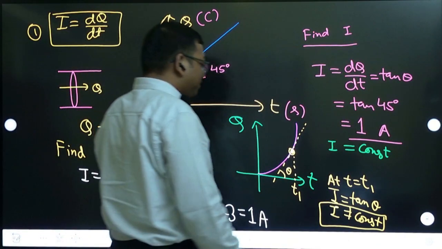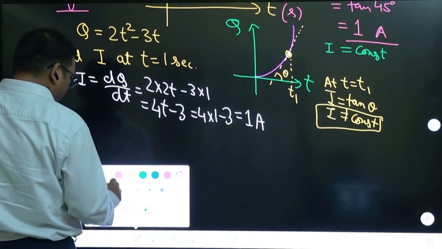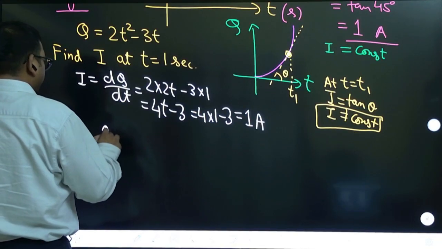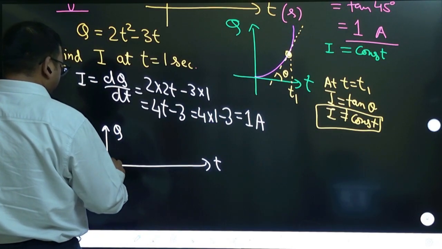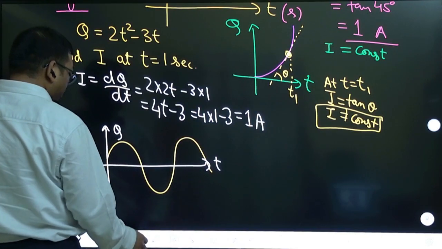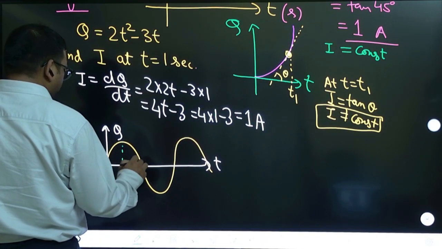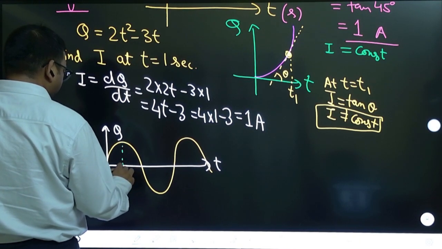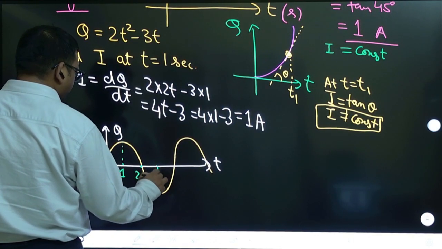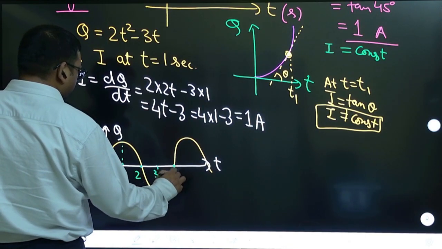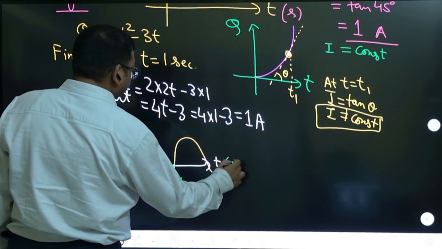Now tell me, what is the current? Let us say a Q versus T graph is there, and the graph is sinusoidal, with time 0, then 1 second, 2 second, 3 second, 4 second, like that. Charge is in coulomb, time is in second.